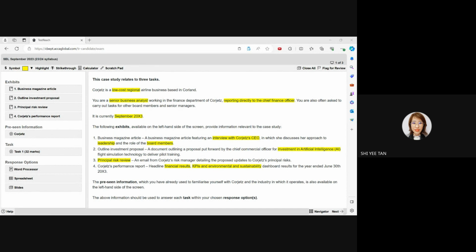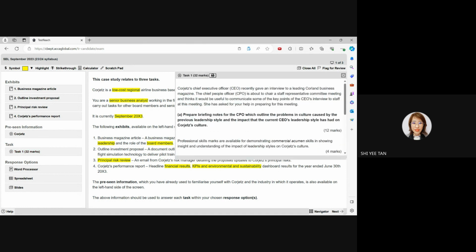But you have another option. Furthermore, ACCA actually says the linkage between exhibit and task will be more obvious, clearer. So we will expect that when we read task number one, we will be able to link which exhibit we can use to answer it. Let's try this method.